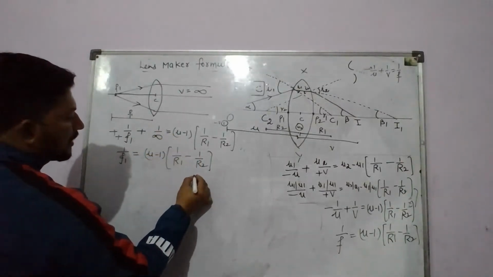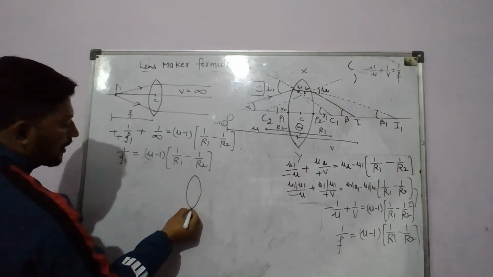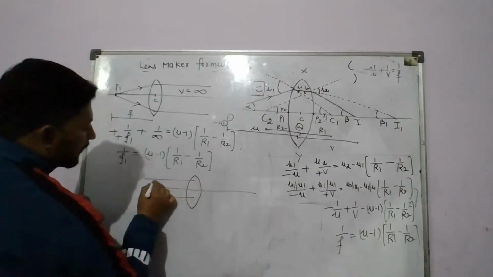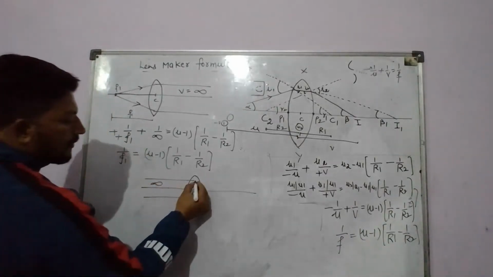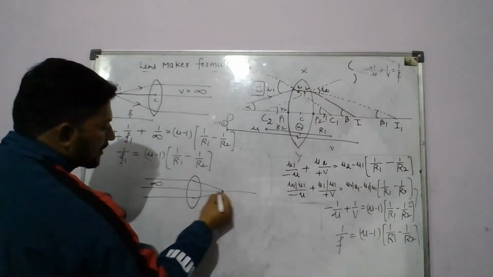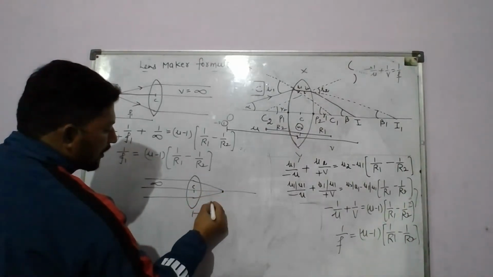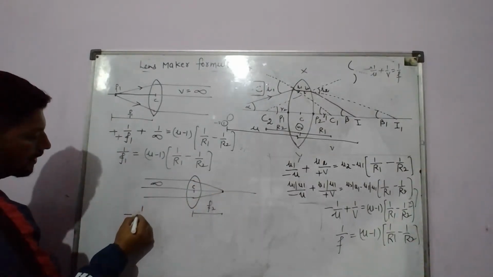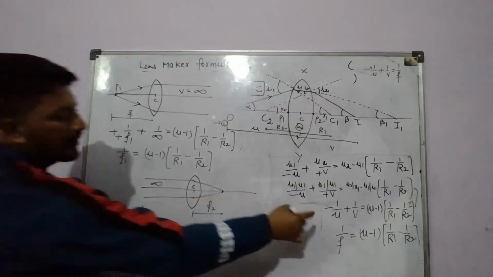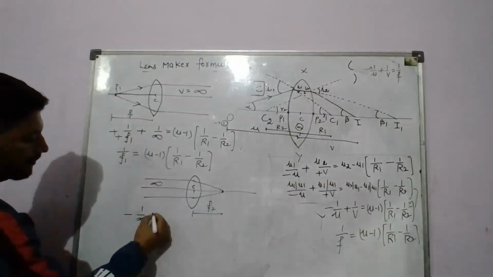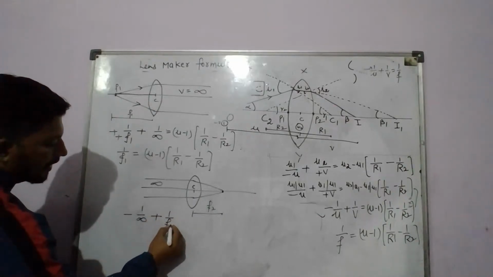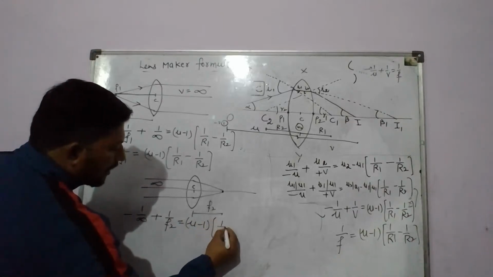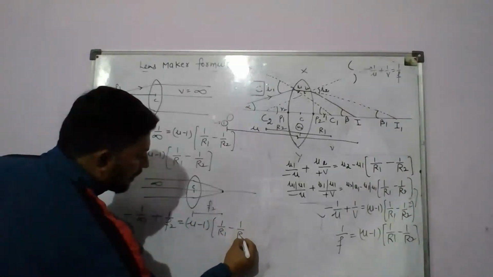If they ask for the second principal focal length, again we draw the convex lens. These are the two incident rays traveling from infinity, meaning the object is placed at infinity, and they converge at the principal focus, and this is your f2. So again you put the value minus 1 upon infinity for the object in this formula. So v is equal to plus, 1 by f2 is equal to mu minus 1 times 1 by r1 minus 1 by r2.